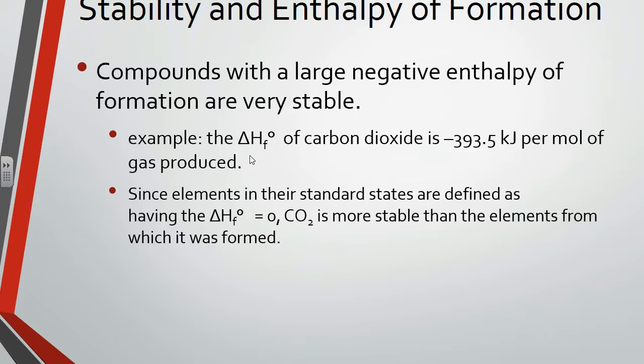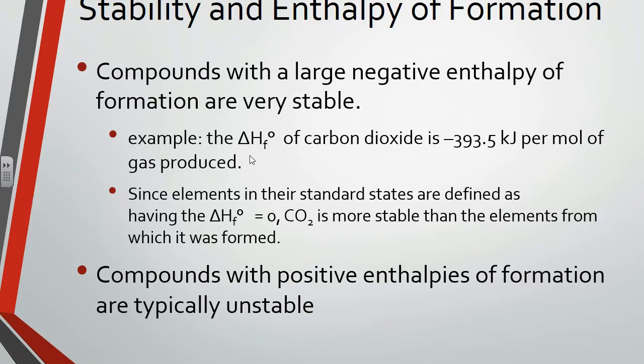So if I were looking in the book and I were trying to look for carbon and oxygen, I wouldn't have to find carbon and oxygen in that table on R66 because they're elements, right? And the formation of elements, or the standard state of the elements, is going to be 0.